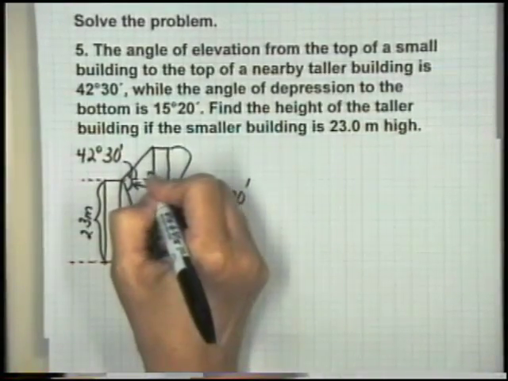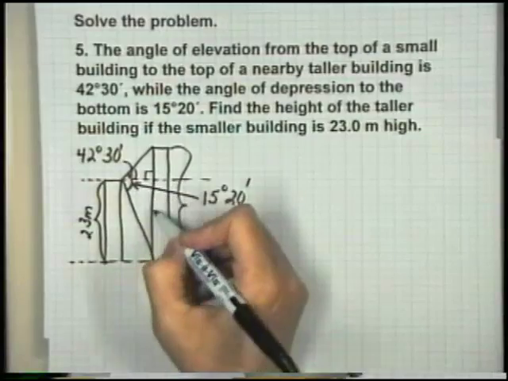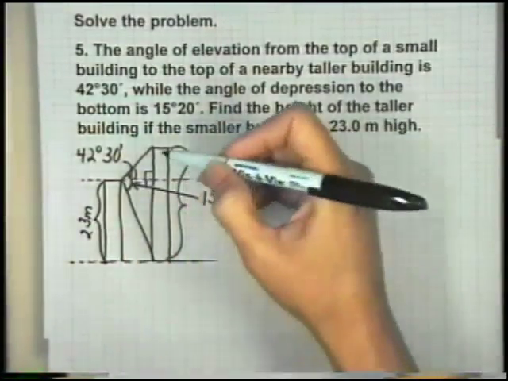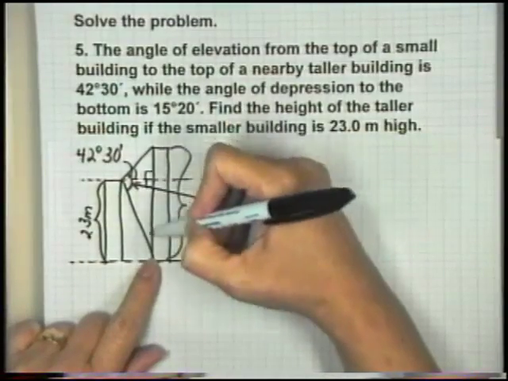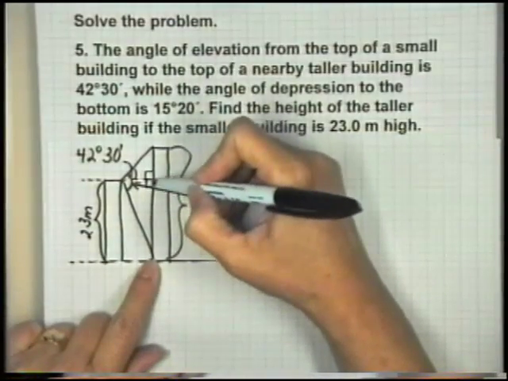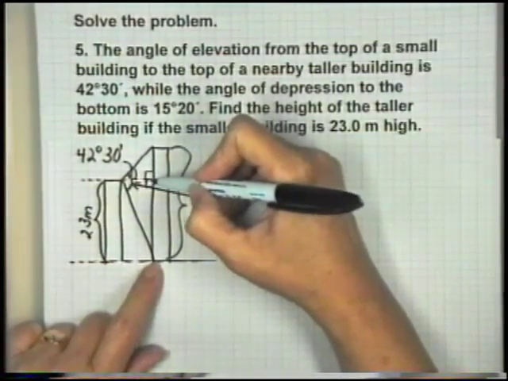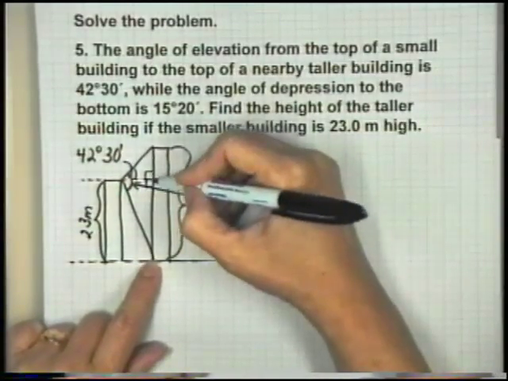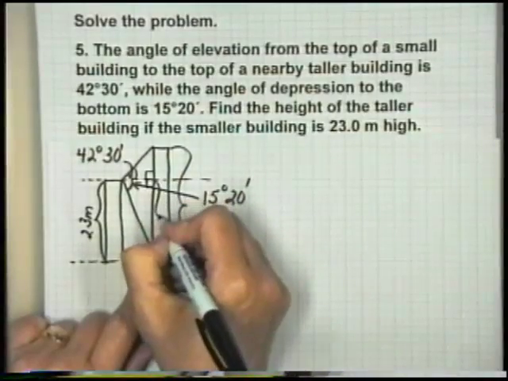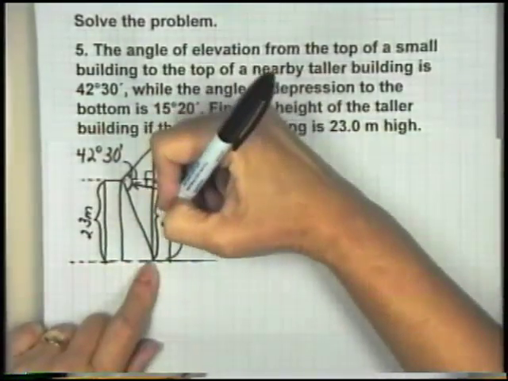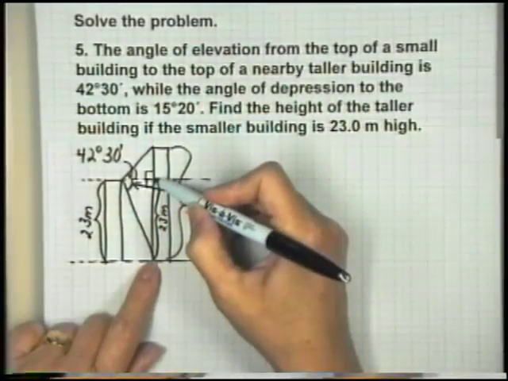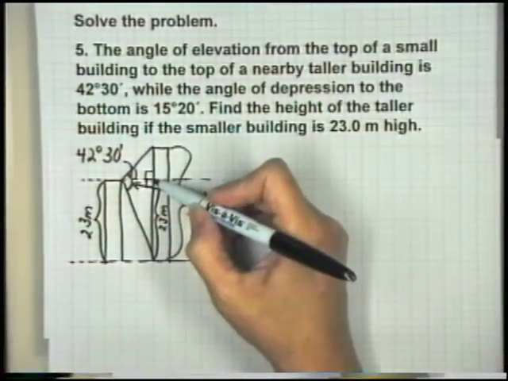Do you see that I have a right triangle formed here? And then I have a second right triangle formed here. And I actually know what the length of this leg is, don't I? Isn't this the same as the height of that smaller building? So this distance from there to there is 23 meters.